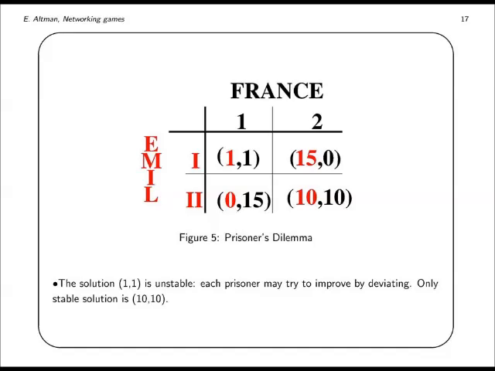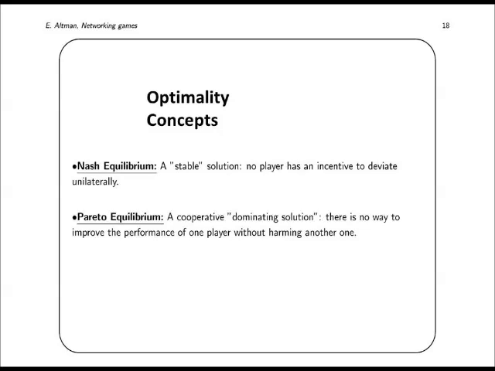The only stable solution here is 10-10, where both don't admit. This type of stable solution is called Nash Equilibrium. It is a solution in which no player has an incentive to deviate unilaterally. No such deviation would improve its situation.